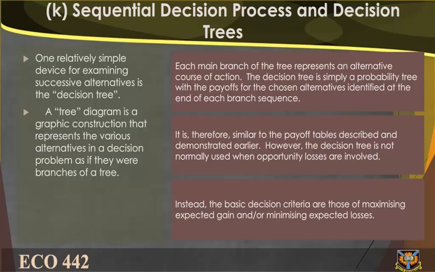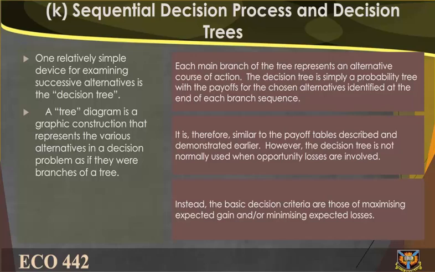Each main branch of the tree represents an alternative course of action. The decision tree is simply a probability tree with the payoffs for the chosen alternatives identified at the end of each branch sequence. It is therefore similar to the payoff tables described and demonstrated earlier.